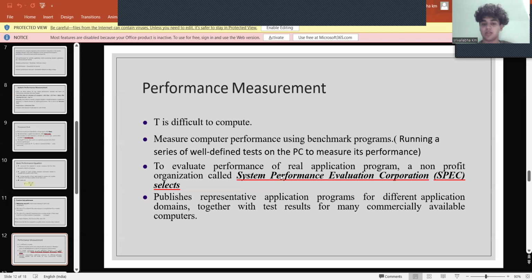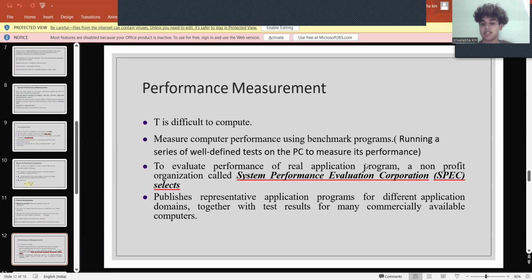To evaluate the performance of real application programs, a non-profit organization called the System Performance Evaluation Corporation, SPEC, selects and publishes representative application programs for different application domains, together with test results for many commercially available computers.